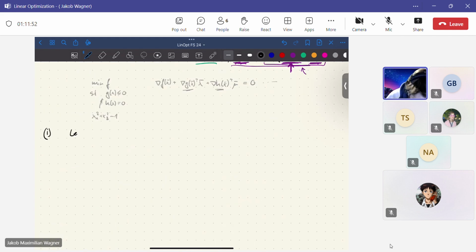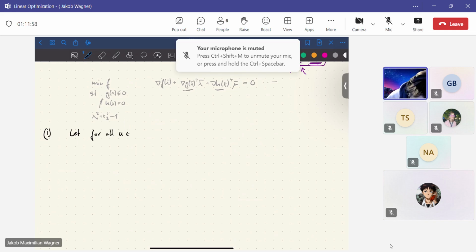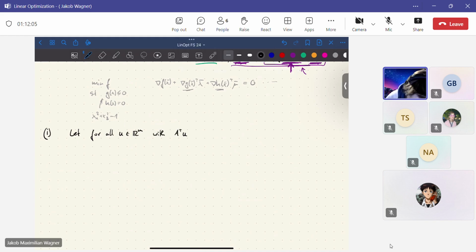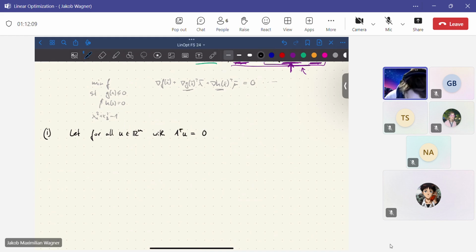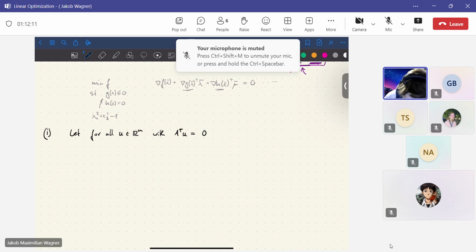So let for all u in R^m with A transpose u equal to 0, the equation b transpose u equals 0 be satisfied.